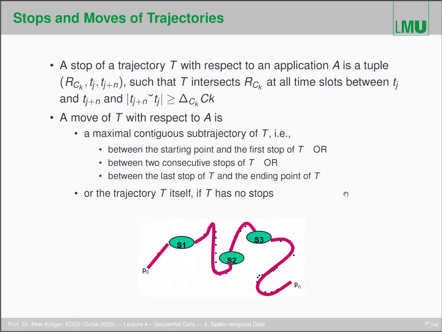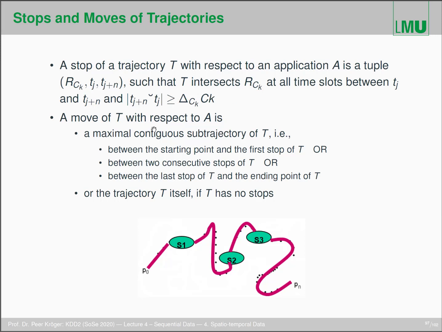So now, a stop of a trajectory with respect to an application is a tuple, a region and a time interval, such that this trajectory intersects the region at all time slots in this time period, which makes sense somehow.